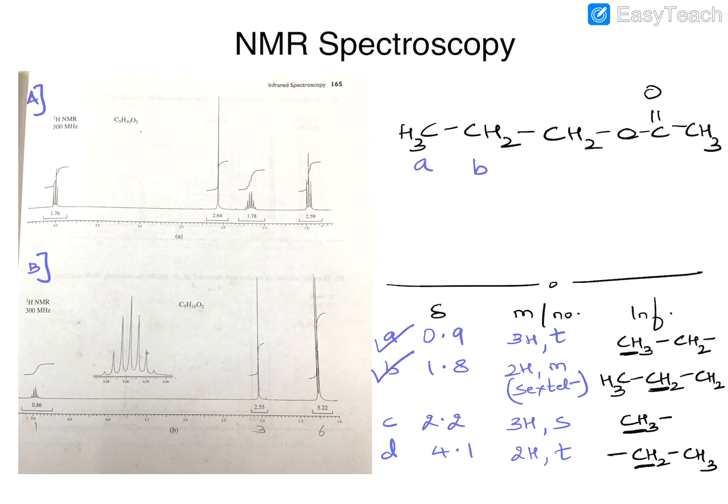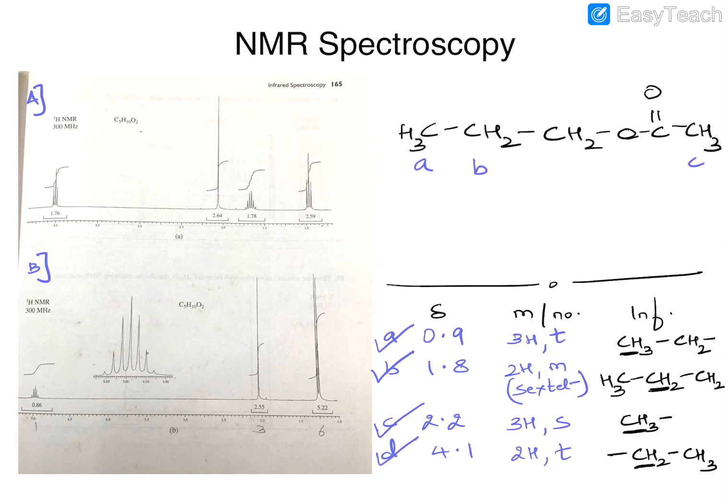as is evident from the NMR spectrum. The third one is resulting from a methyl group that is present next to an electronegative group, and that's the reason it's shifted slightly downfield to about 2.2. So this methyl group, which is at the terminus of the acetate group, is the one that results in a peak at 2.2, which is not split because there is no neighboring proton for this methyl group.